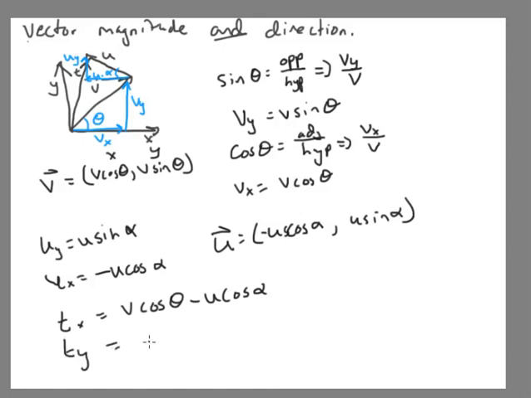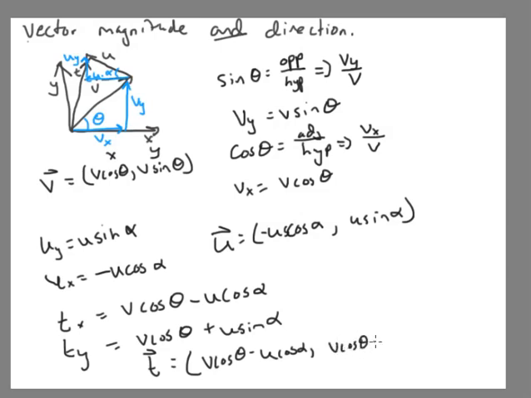T of y is going to be v sine theta plus u sine alpha. So we can rewrite this as our t vector is equal to v cosine theta minus u cosine alpha, comma, v sine theta plus u sine alpha. This is our x component, this is our y component.